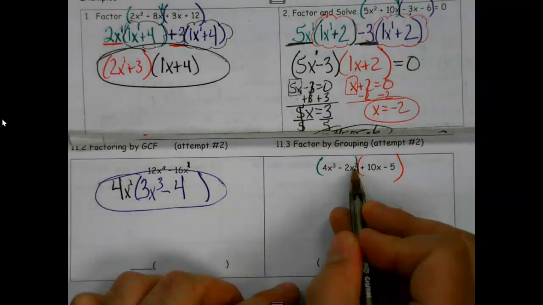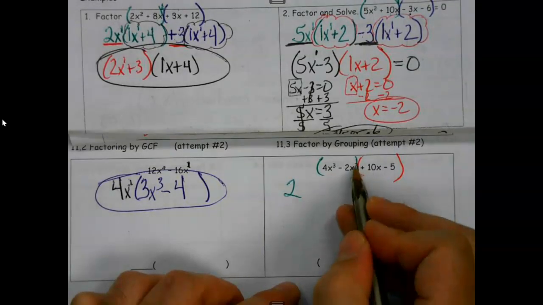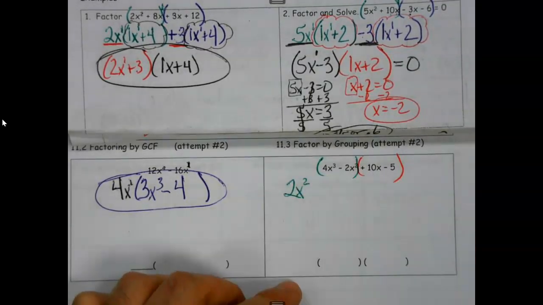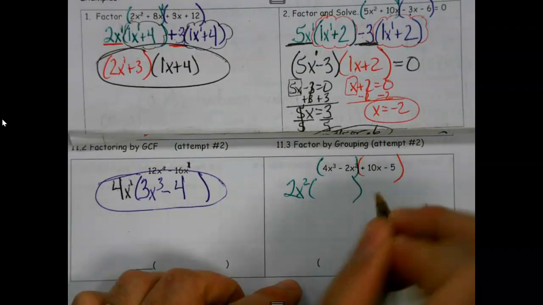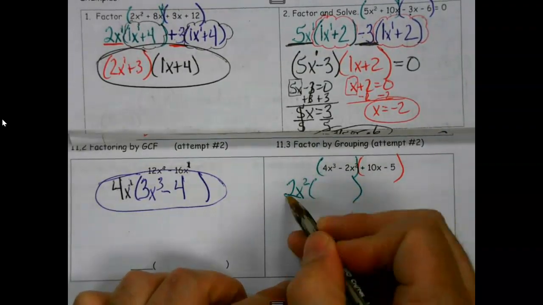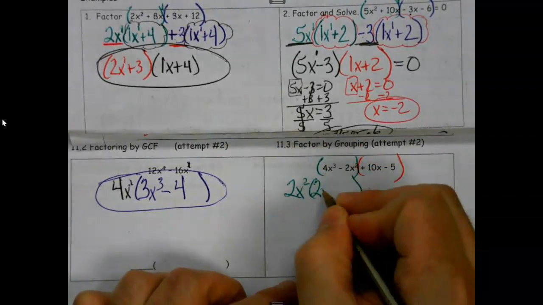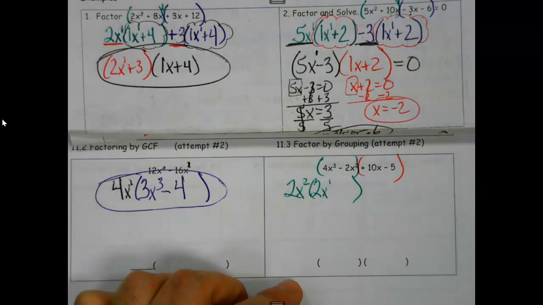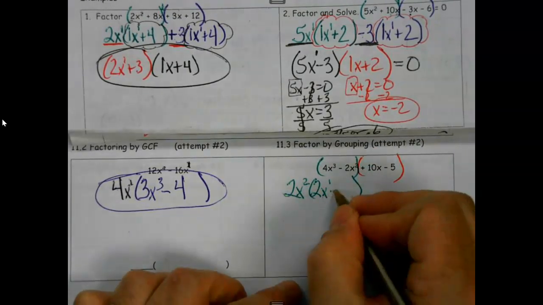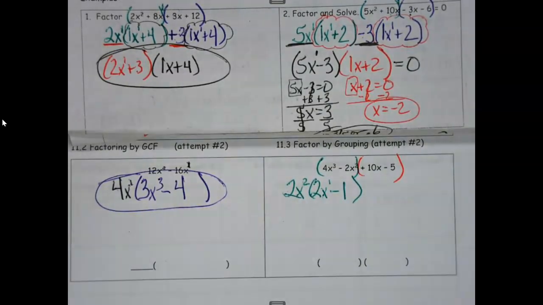What can I pull out? 2 and the smallest exponent, x squared. Once I get that out, divide the bigs, subtract the littles. Divide the bigs, subtract the littles, and if the littles equal 0, we don't put that variable there.